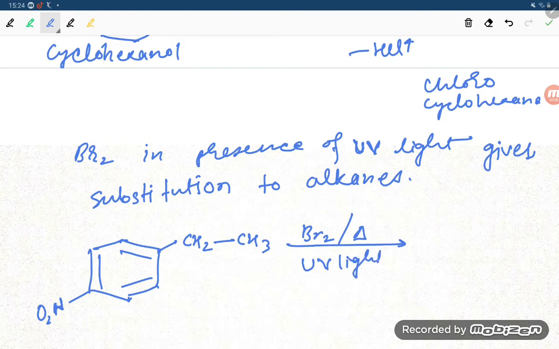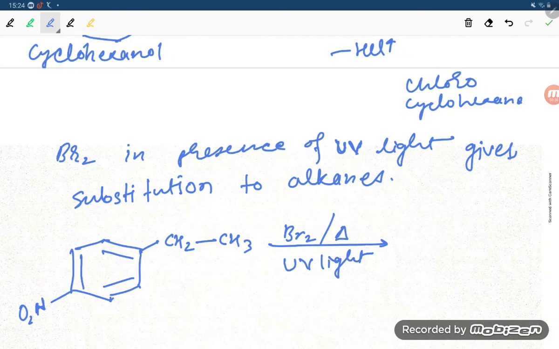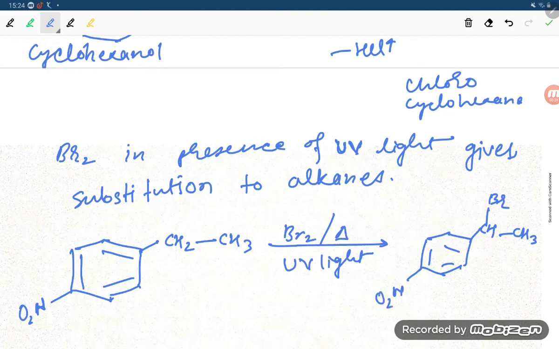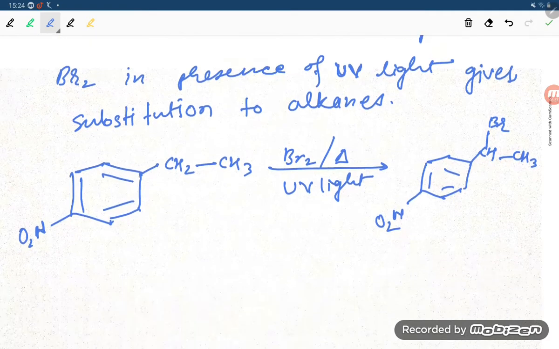If it were a dark reaction, the bromine substitution would be in the benzene ring, but here light is used, so the substitution will be on the side chain. So the product has the benzene ring with CHBr and CH3, and the NO2. This is our required product.